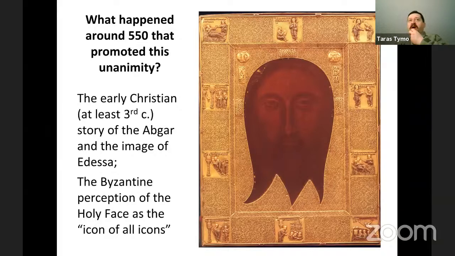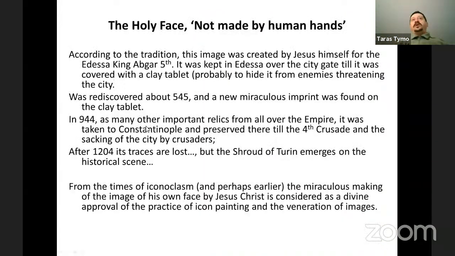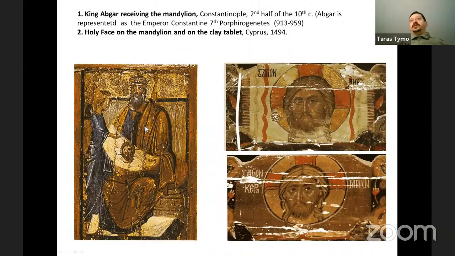And it was rediscovered in two versions, because the original cloth stayed, but since it was sealed by a clay plate, like a brick, it again imprinted itself miraculously, kind of reflected itself on the brick. So after 550, we hear about two images.